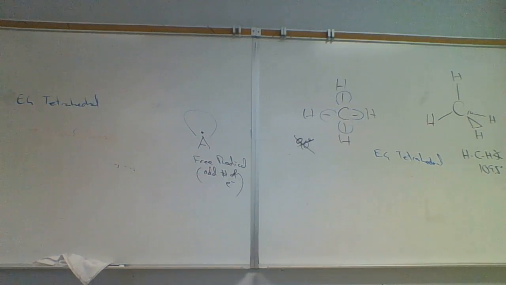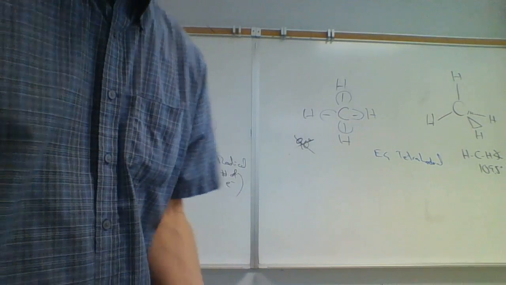The electron geometry, because of the lone pair, is going to screw up the shape. Is that even visible? This is not visible.